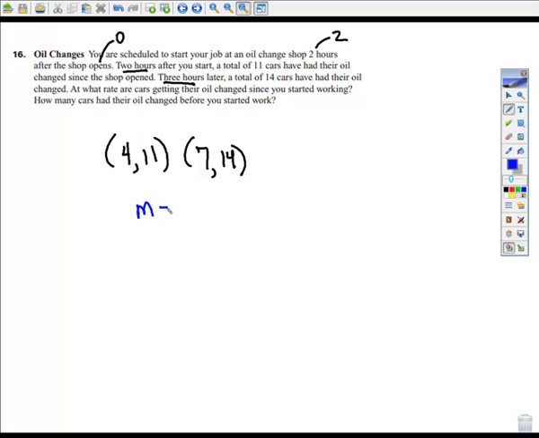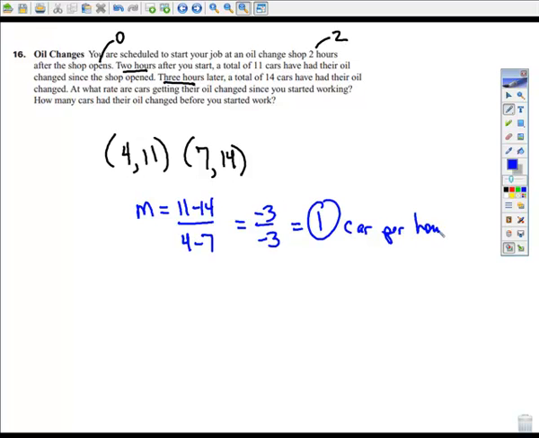So my slope is, I'll do 11 minus 14 over 4 minus 7. That gives me a -3 divided by -3, which is +1. So it says at what rate? Well, it's 1 car per hour. Seems kind of slow.